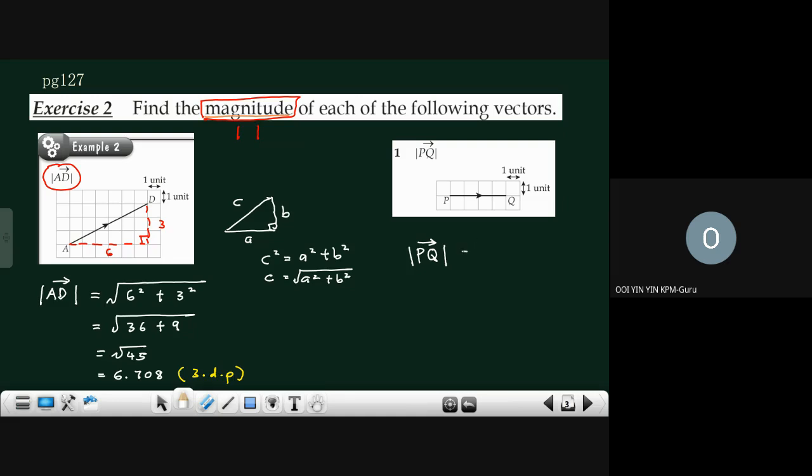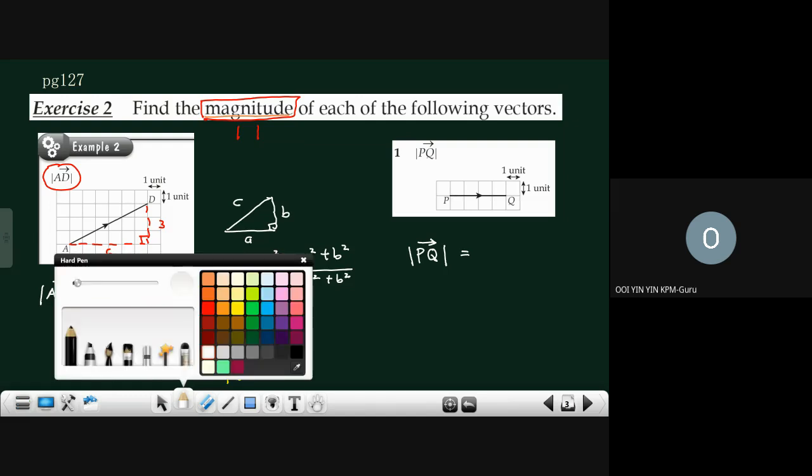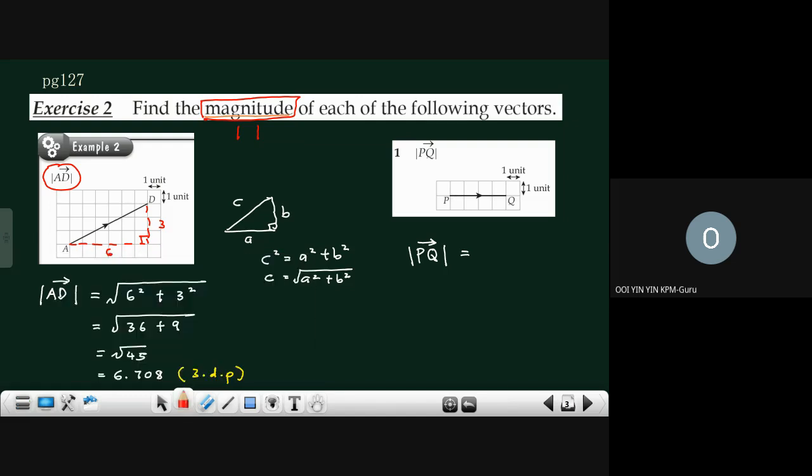For a case like this one, where your line segment is a horizontal line, it is very easy to find the magnitude. What you need to do is to just count the boxes. Okay, one box equals 1 unit. Okay, so you have 1, 2, 3, 4.